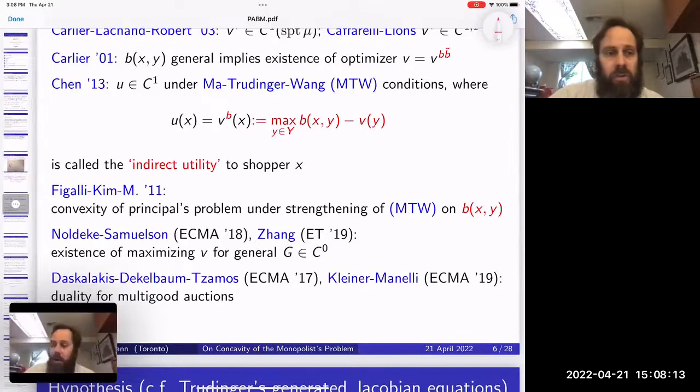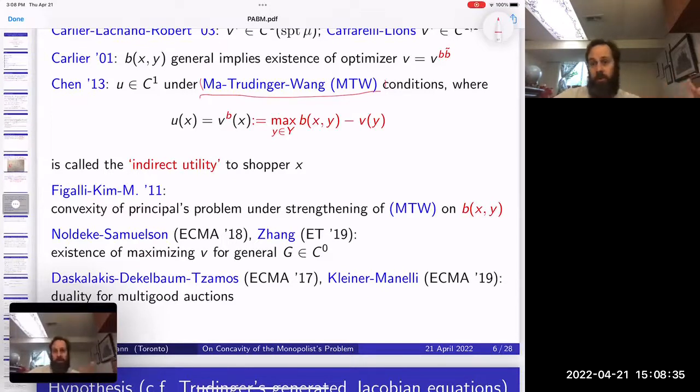So about 10 years ago with Alessio Figalli and Young-Heon Kim, we observed that if you strengthen these Ma-Trudinger-Wang conditions that actually come out of the regularity theory for the Monge-Kantorovich transportation problem, well, an interesting question about this problem is: is the monopolist maximization problem a convex function of either V or U?